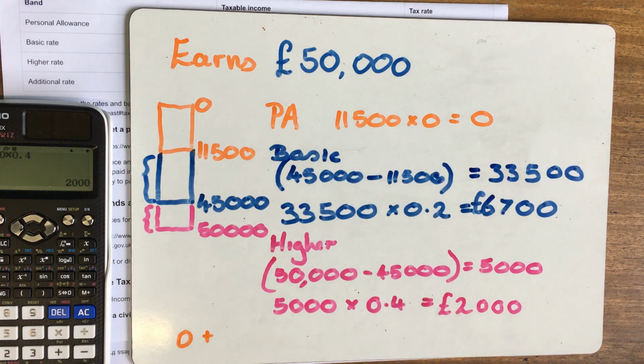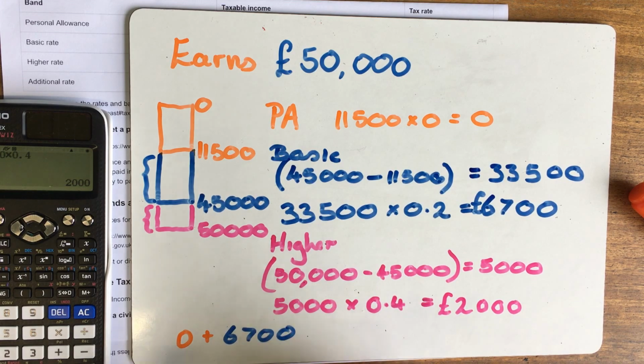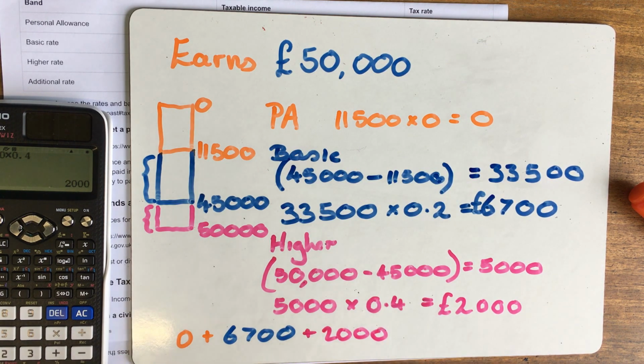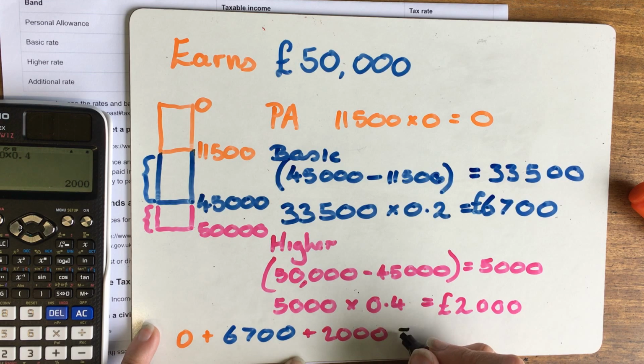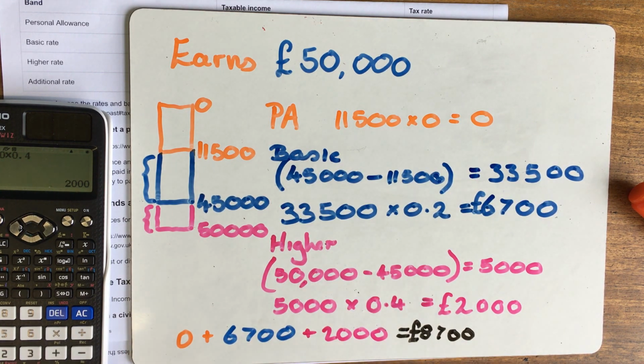And then we're going to add on the amount of basic rate tax, which was 6,700. And then we've got to add on the bit that was at higher rate, which was 2,000. So that's going to give us income tax payable annually. So our income tax is going to be £8,700 per year. If we need to know this monthly, we can divide it by 12. If we need to know it weekly, we can divide it by 52.